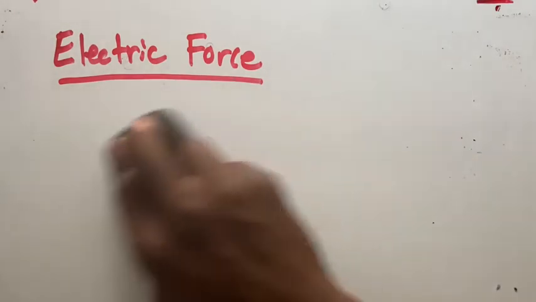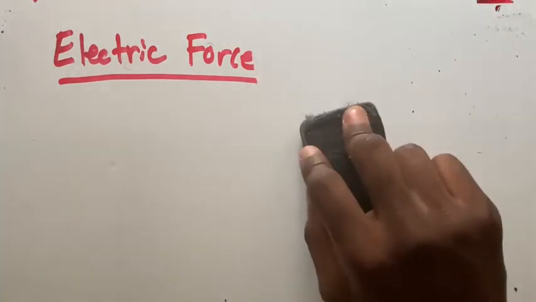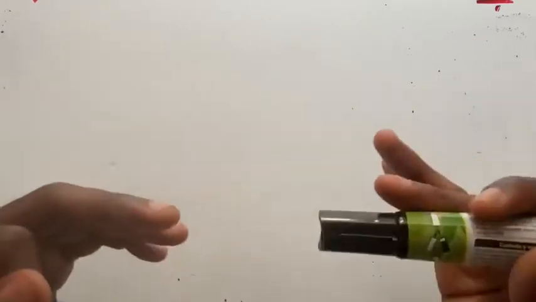So what carries these positive and negative electric charges? Well, of course, we have these things called atoms, and we know atoms are made up of things like protons, electrons, and neutrons.